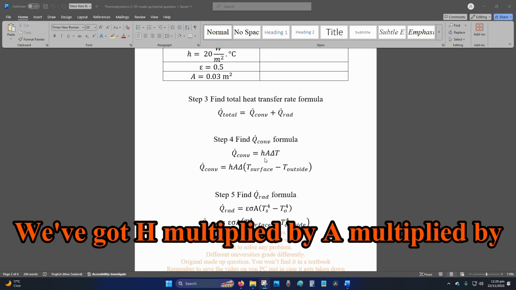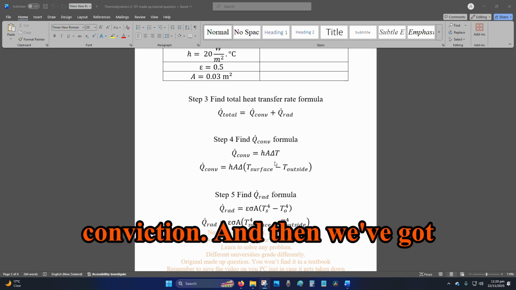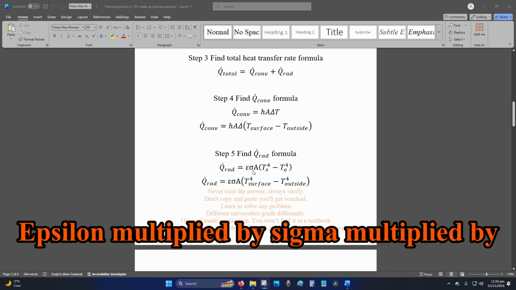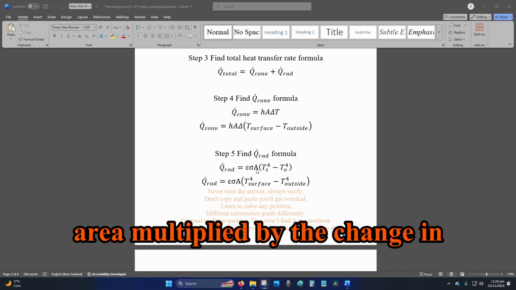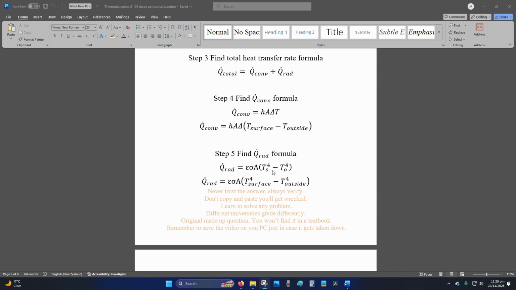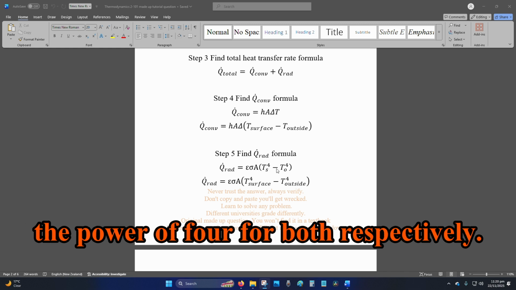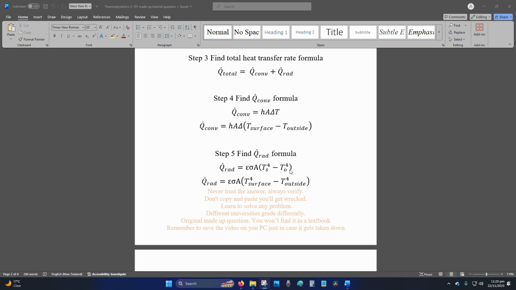We've got h multiplied by A multiplied by delta T for convection. And then we've got epsilon multiplied by sigma multiplied by area multiplied by the change in temperature, surface minus the outside, to the power of 4 for radiation.